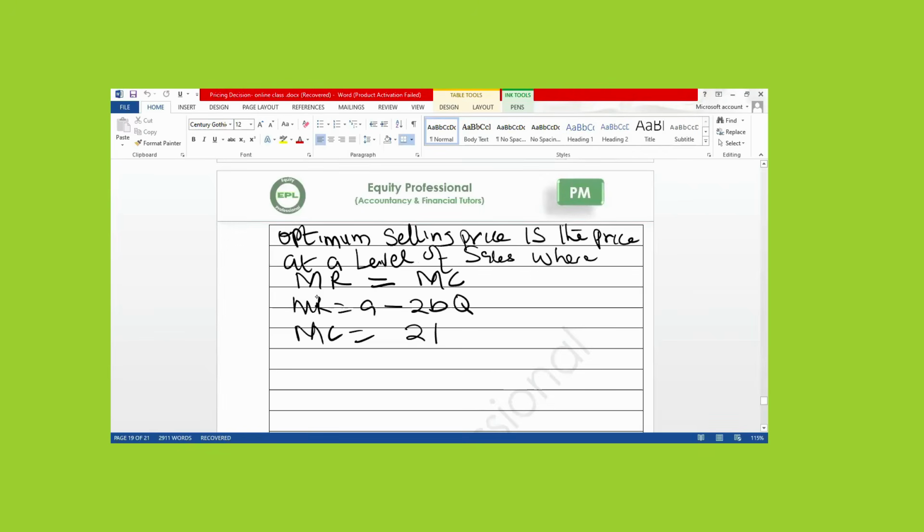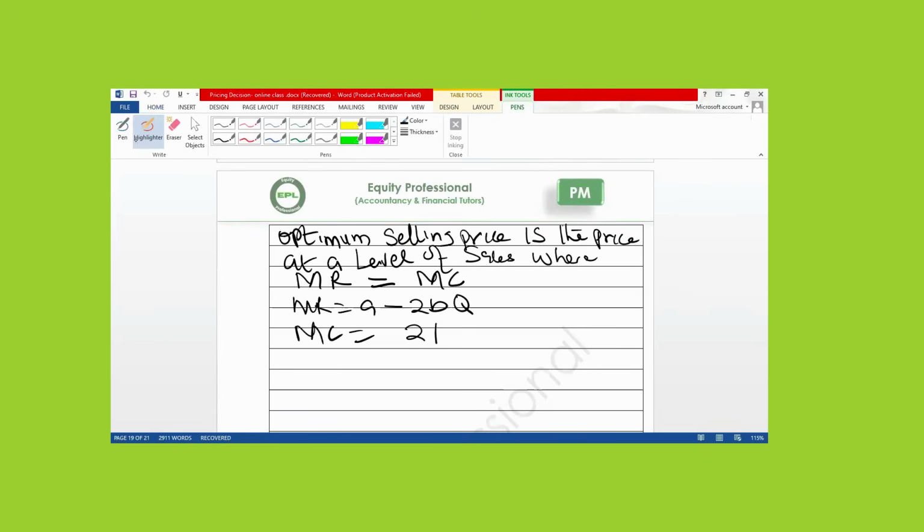Your marginal revenue, A minus 2BQ, is equal to 21.